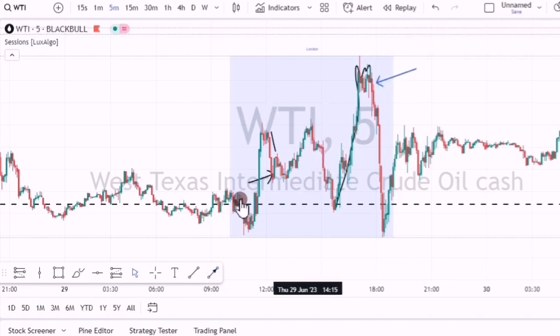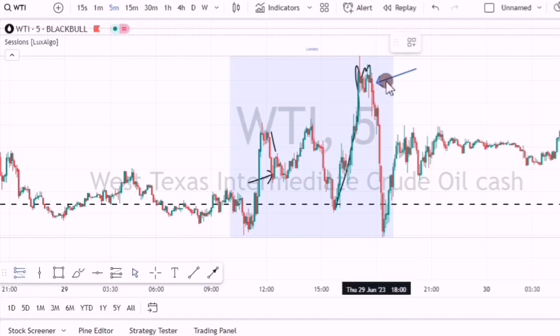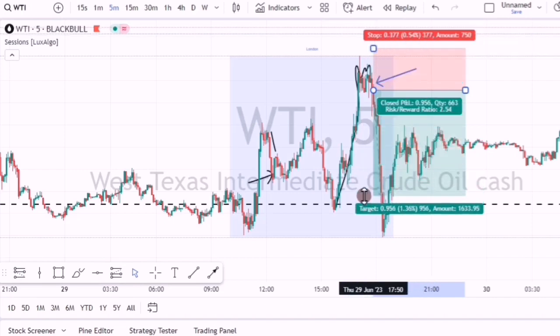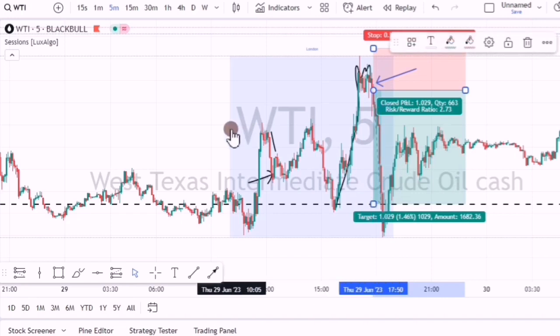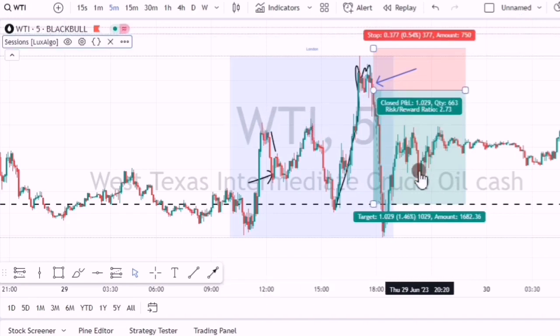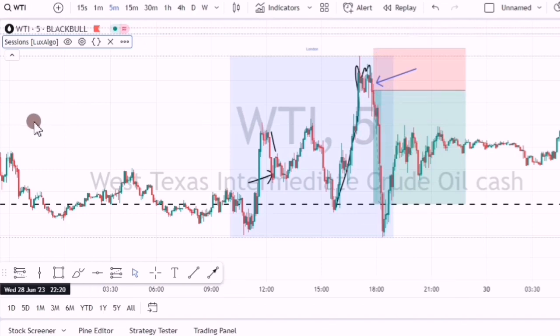You put your stop loss there, and you know that such a trade will give you quite some profit, because it is a 1 to more than 2, 2.7. It's like a 1 to 3. So this is a good trade to take, not the one I showed you before.